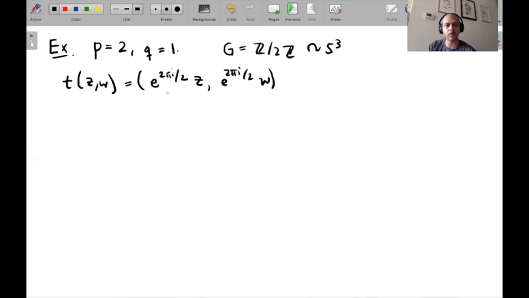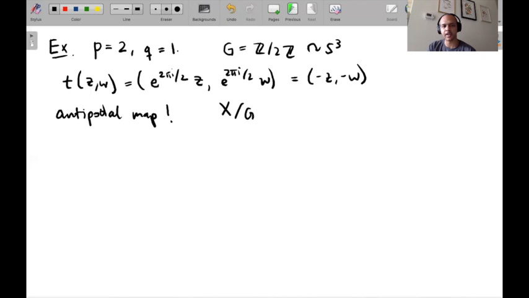But e^{pi i} is minus 1, so this is (-z, -w). So this is the antipodal map. We know this quotient, so this is a familiar example: X mod G is the projective space RP3. So L(2,1) is the same as RP3.